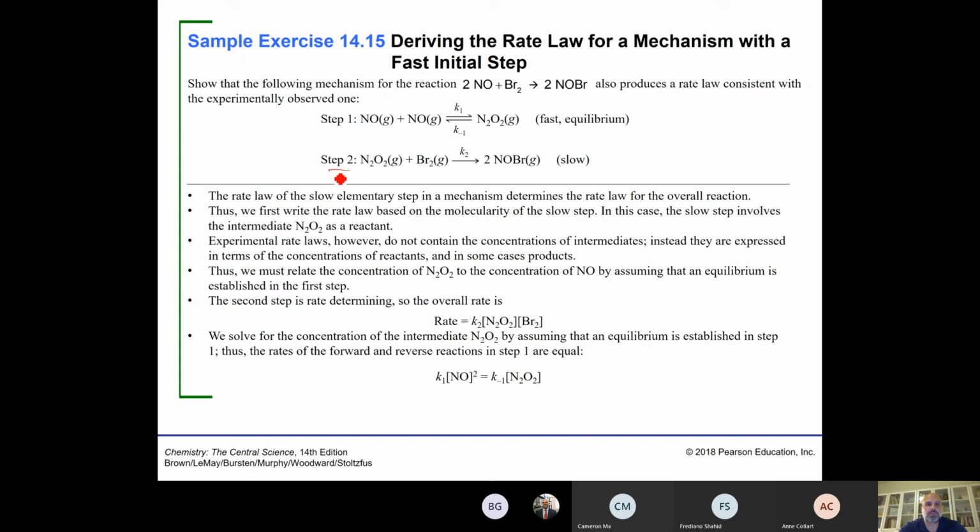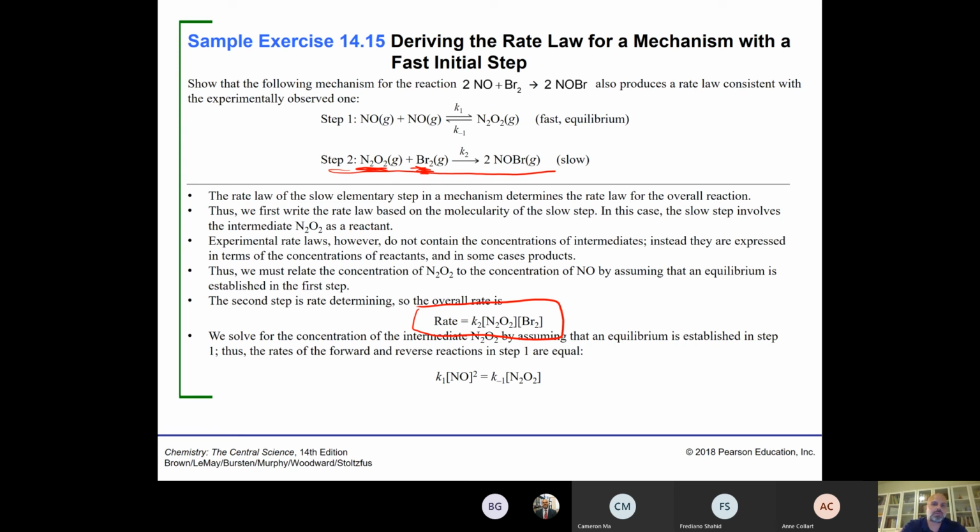The second step is a slow step, and it is the one that controls the overall rate. So the rate of our reaction is equal to k2 times the concentrations of each of our reactants here.